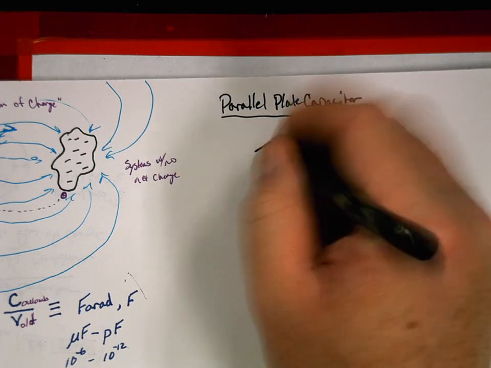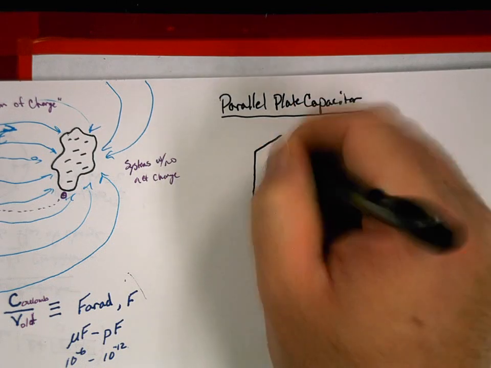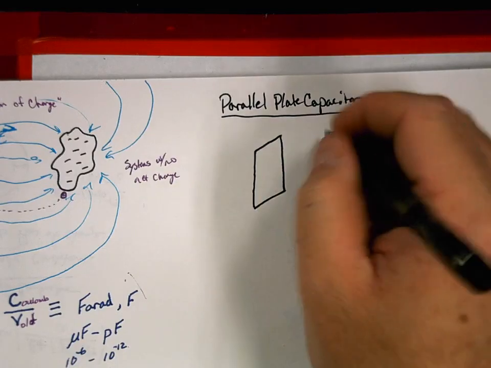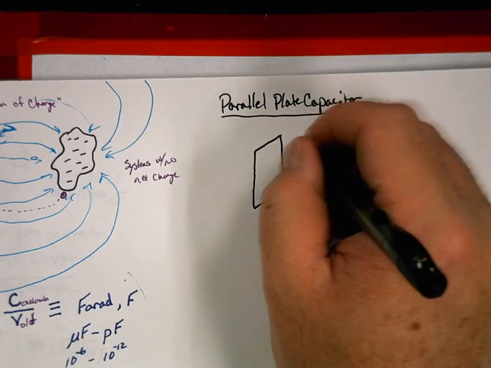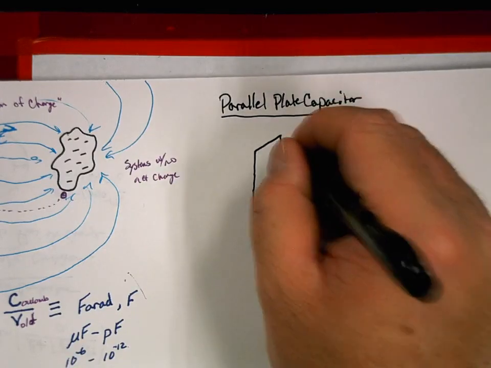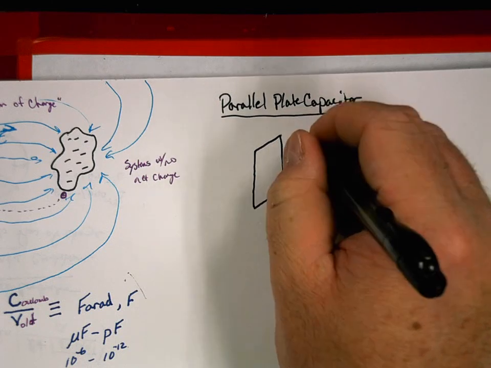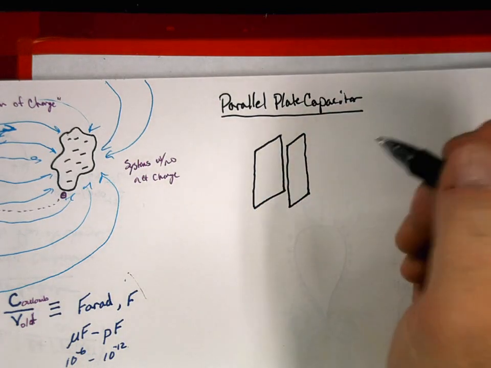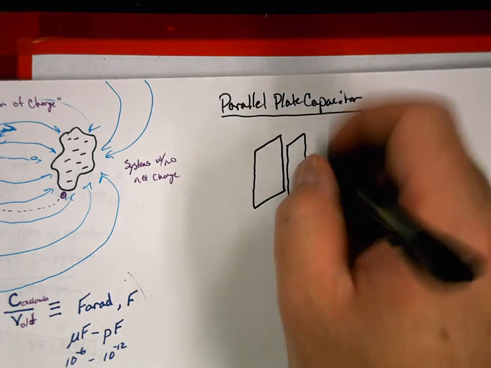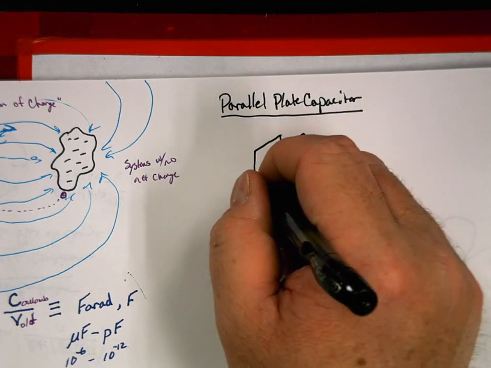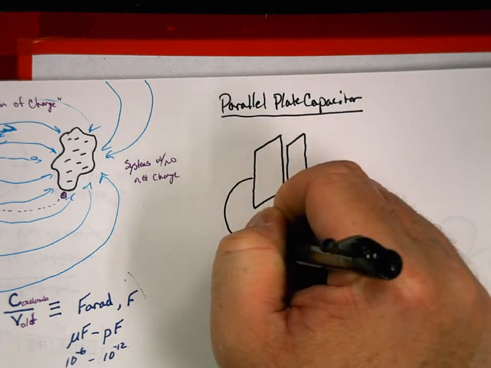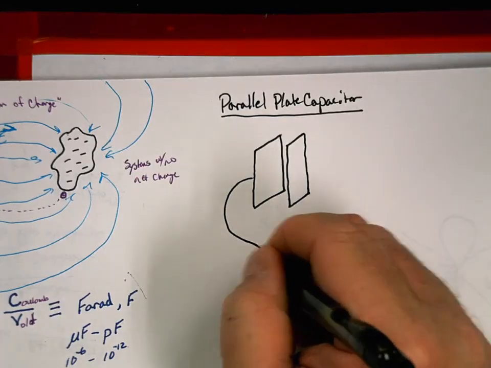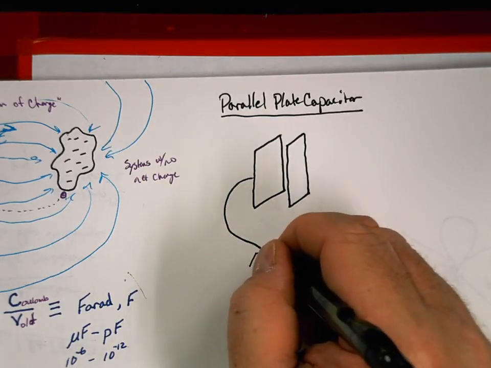You take two flat surfaces of a capacitor, they should be the same area, although I didn't draw them that way, and we hook this up to a battery.